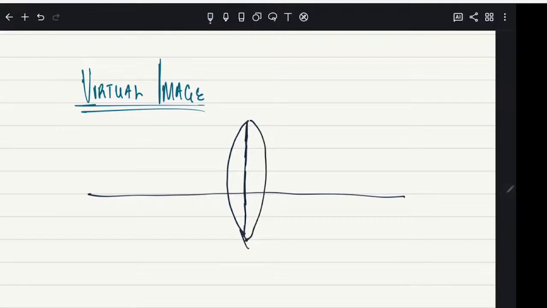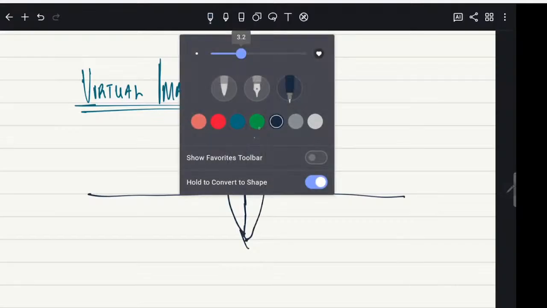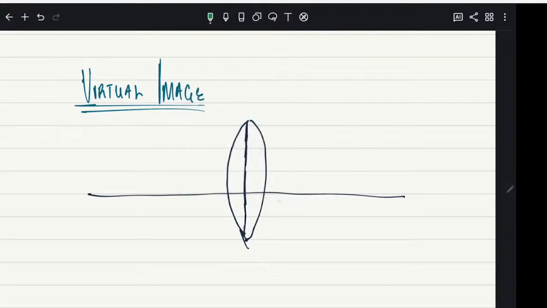If I'm going to take the distance between here and the point where your rays will be meeting, we say it's a focal length. This is called the focal point, where if rays come and hit here, they are all being focused onto that point.